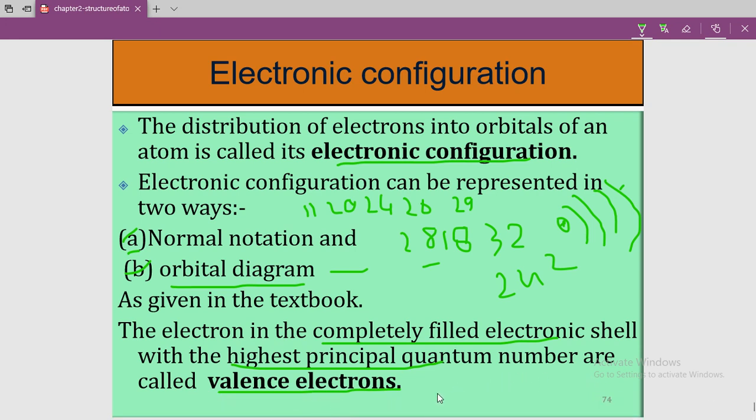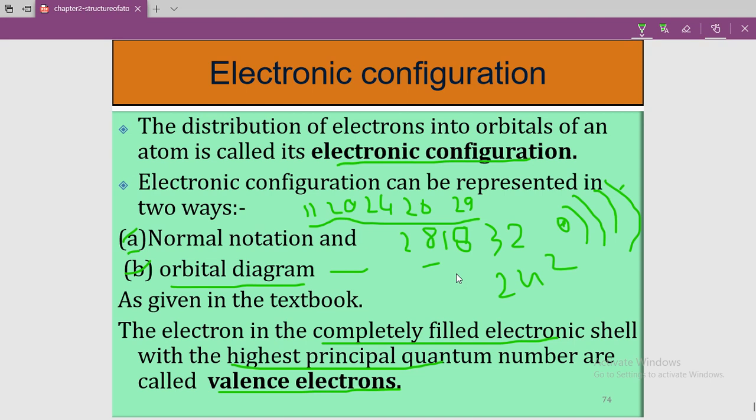you will know the complete electronic configuration of elements. Very important. In the next chapter we will see what is the use of electronic configuration. With the help of electronic configuration we can know all the properties of any element. We can know the position, means group and period of elements, metallic nature, which type of oxide will form, which type of hydride will form, and so many properties: reducing property, oxidizing property, metallic, non-metallic property.